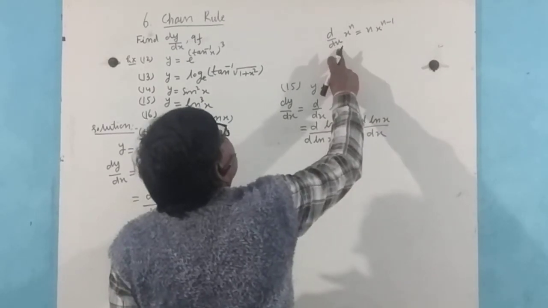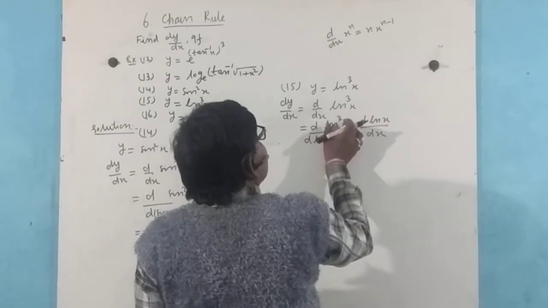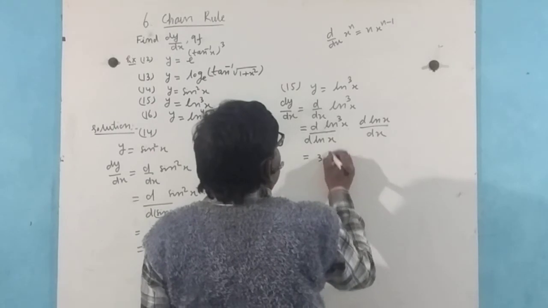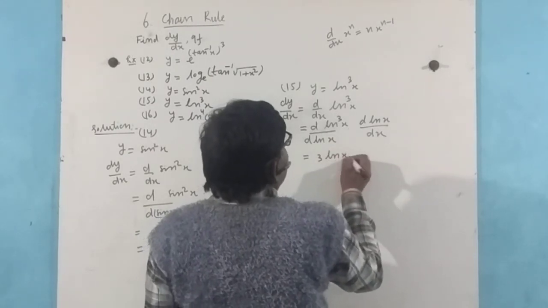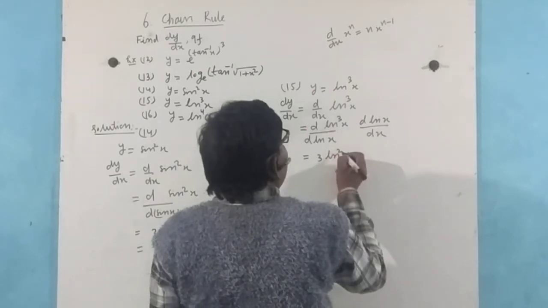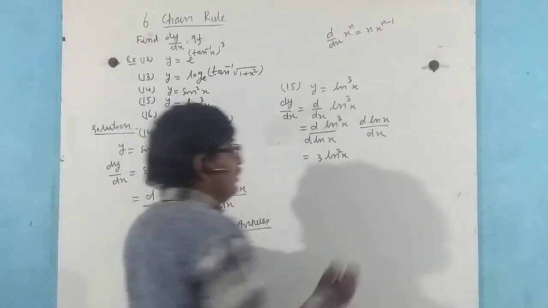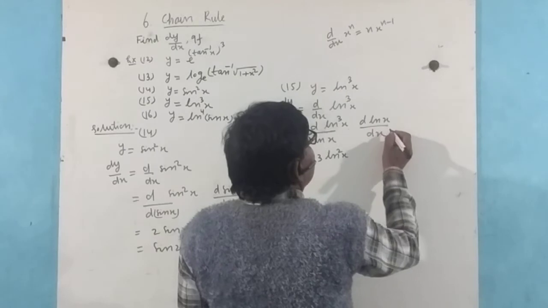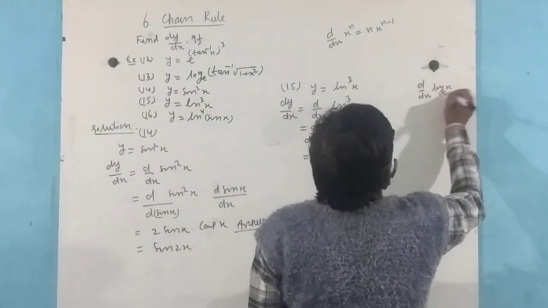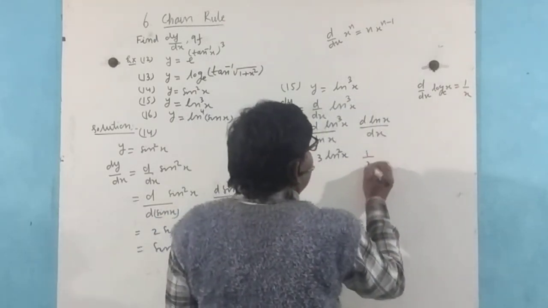So the differentiation of this is 3 ln square x into d by dx log x. d by dx log x is equal to 1 by x, so the value of this is 1 by x.